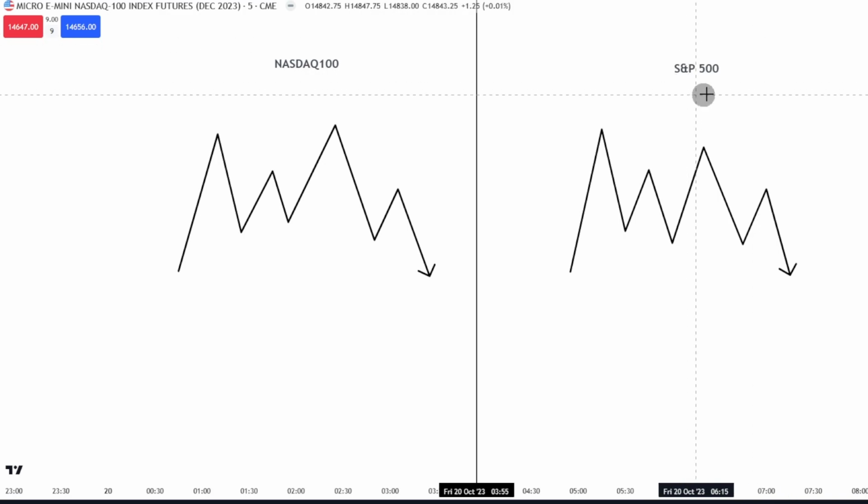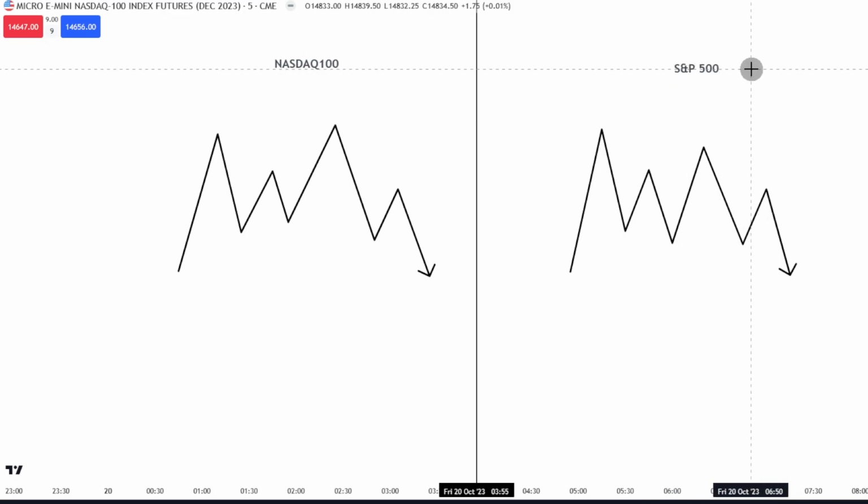So if the S&P 500 sweeps a low, but the NASDAQ does not sweep that same low, that is a bullish SMT, okay? And if Euro USD sweeps a low, but the GBP does not sweep that same low, that is also a bullish SMT, and we could therefore anticipate higher prices or use it as a confirmation to go long if we wanted to.